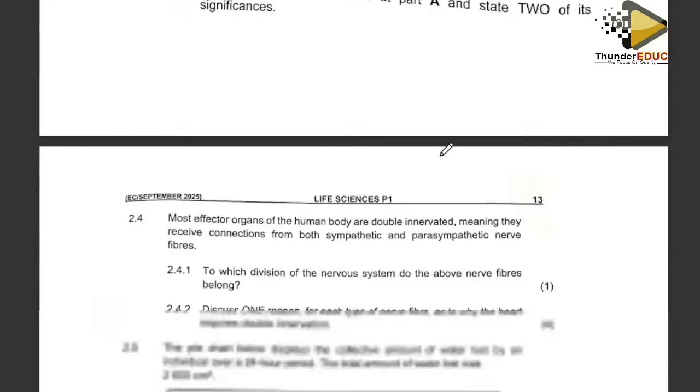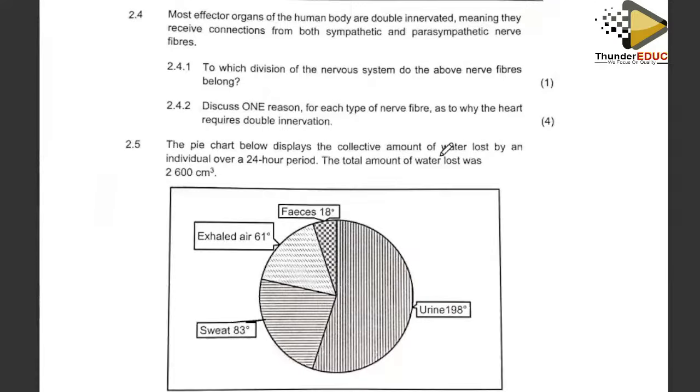Then they're saying that, 2.4, most effector organs of the human body are double innervated, meaning that they receive connections from both sympathetic and parasympathetic nervous system fibers.